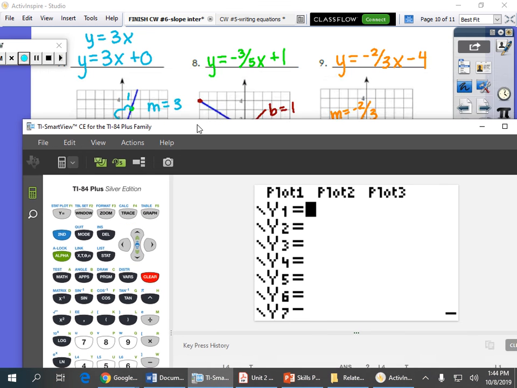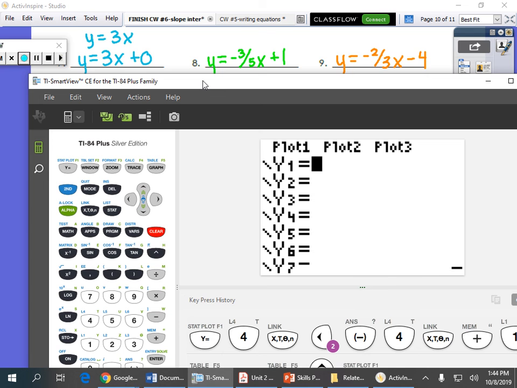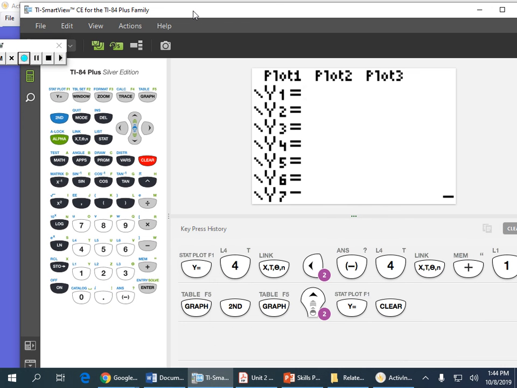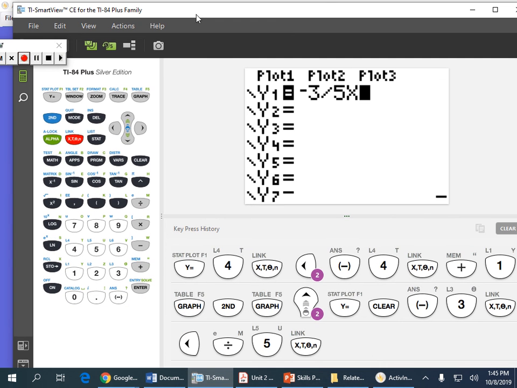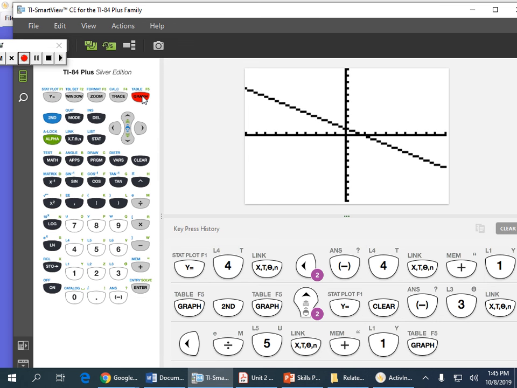So we said we're using this equation, y equals negative 3/5 x plus 1. So I'm going to use this negative 3x divided by 5, so we have the negative 3/5 x, and then plus 1. So I'm going to graph that.